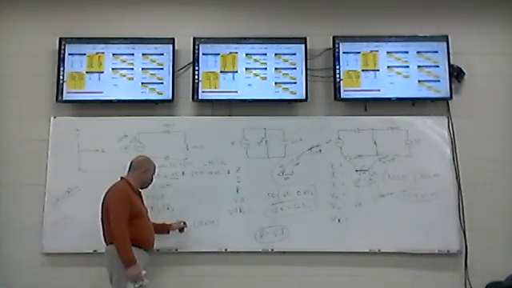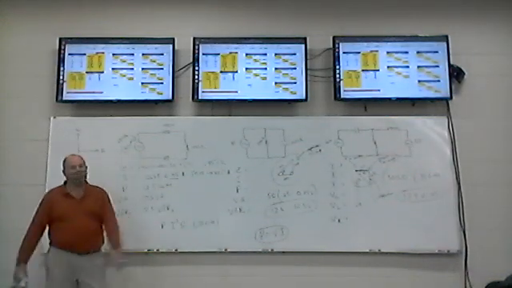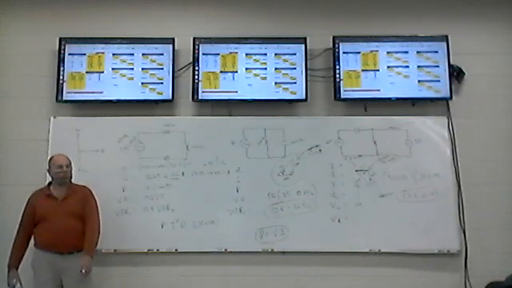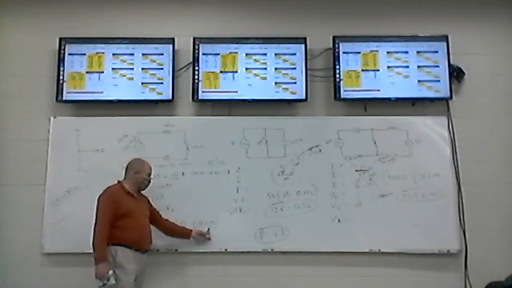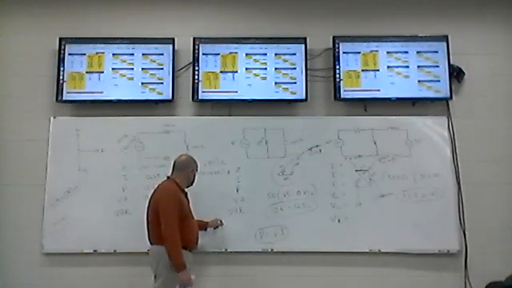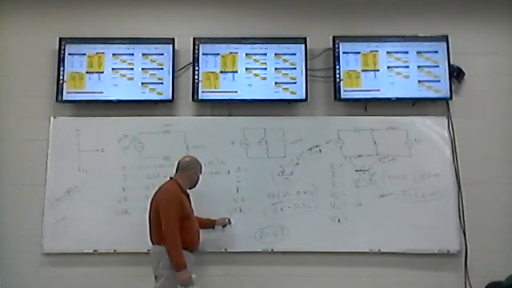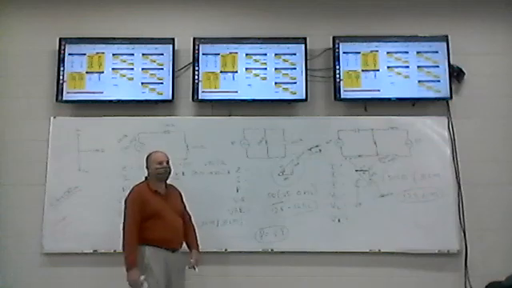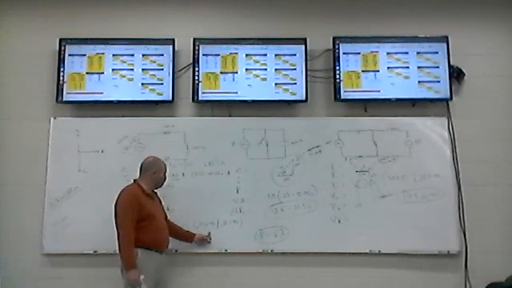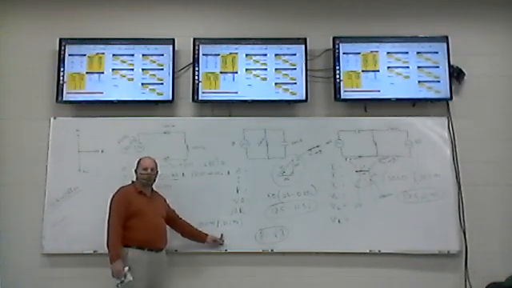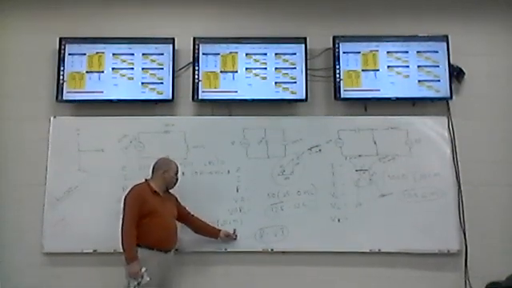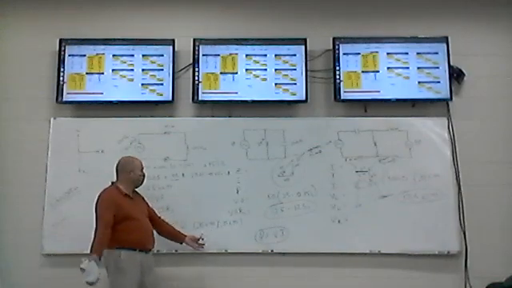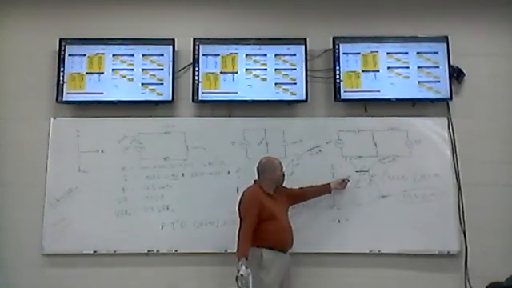Y'all remember? What's the complex conjugate of that? I changed the sign of the angle, right? Man, y'all just studied this last night. When I multiply these, what's going to happen to my angle? Yeah, I'm going to add, and get 0, which puts me on the horizontal.